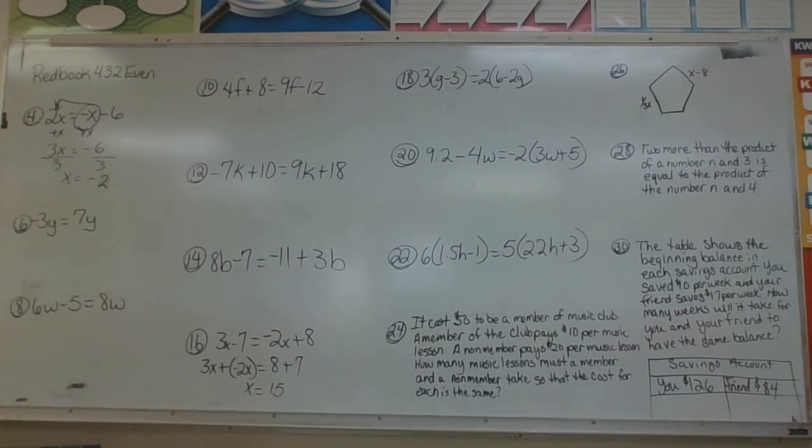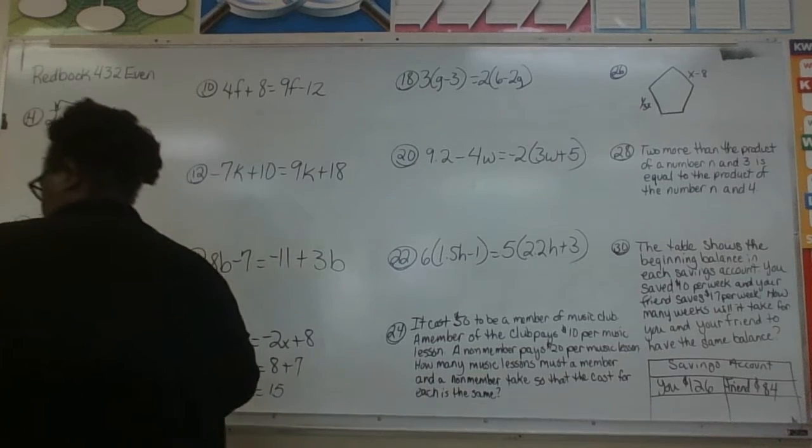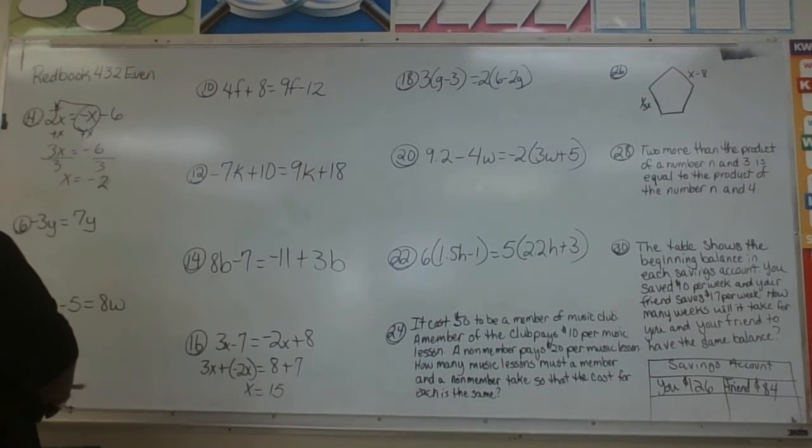Okay? All right. Here we have 3x equals to 7y, and so therefore we need to combine the... let me see if I wrote this correctly.